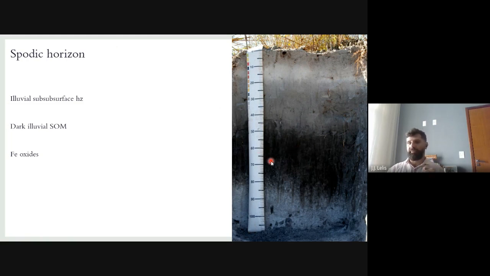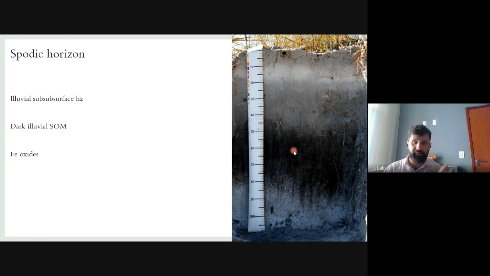the water table level. So the spodic horizon marks an ancient water table level. In this case, if I collect a sample here and if I date this material, like, oh, this material has 30,000 years before the present, I know that in the past, at 30,000 years before the present, this was the position of the water table level.